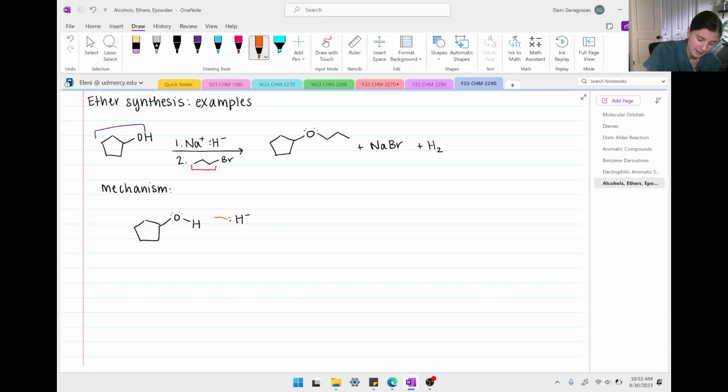The hydride ion takes the acidic hydrogen. Oxygen gets the non-bonding electrons. So we have our alkoxide. We have H2 as a byproduct, and then now we use the alkyl bromide.